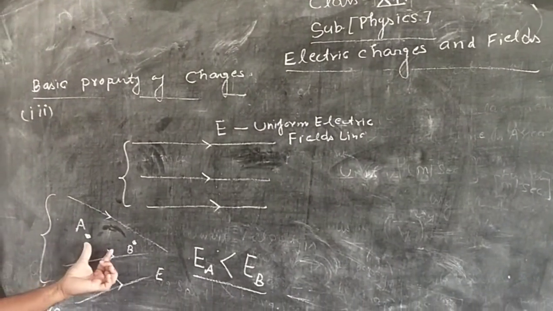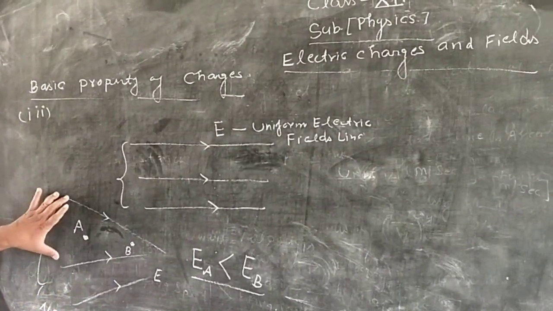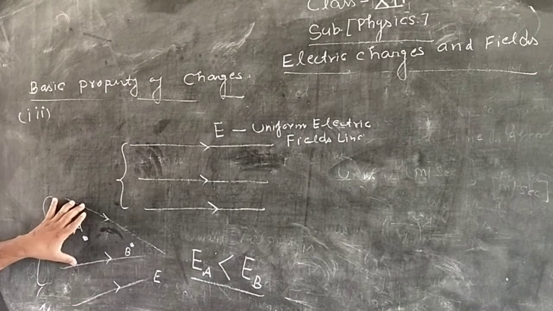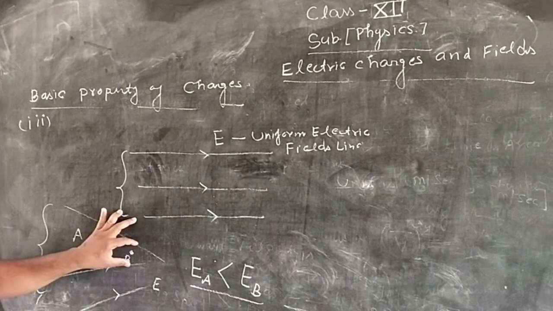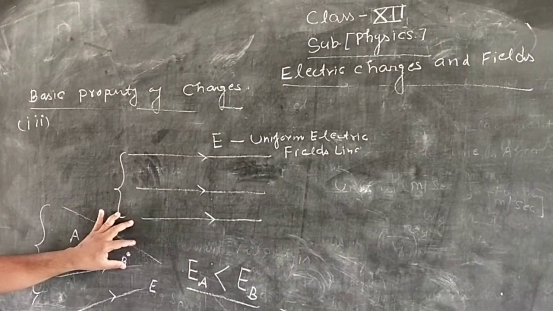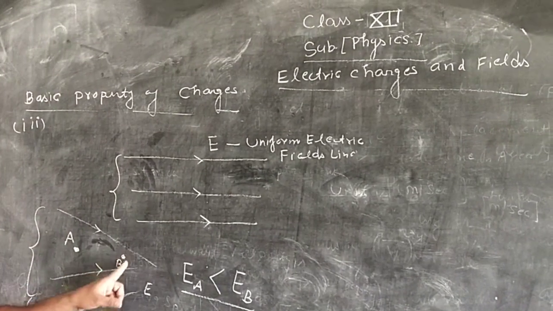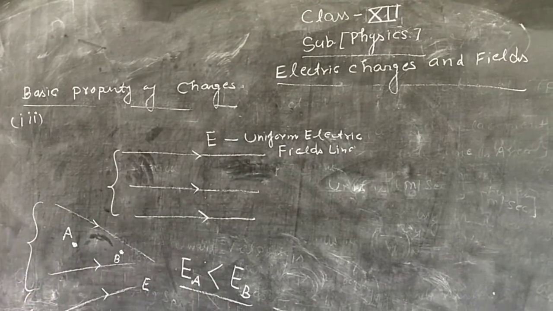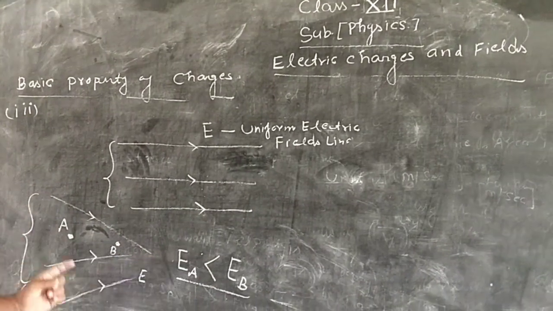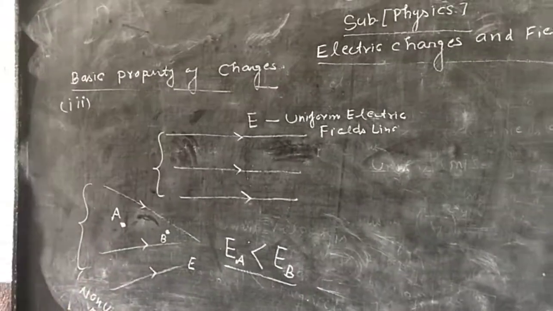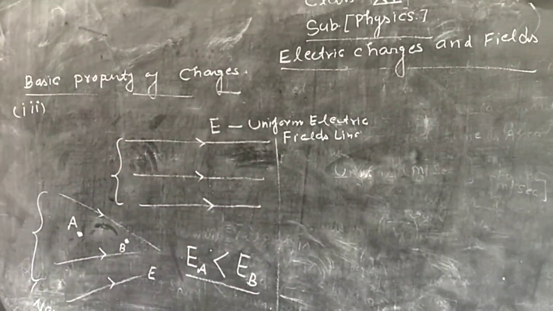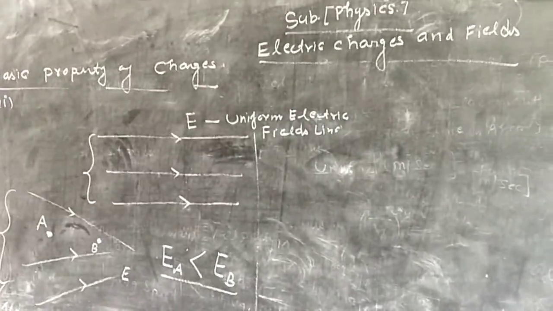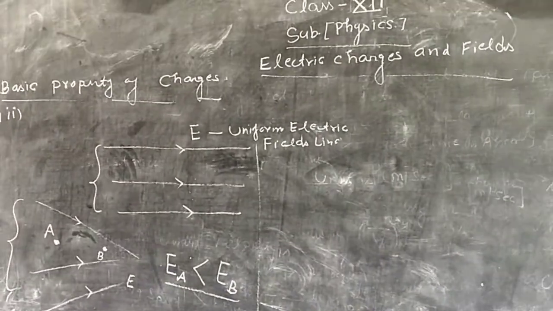Here the field lines are very far apart, so the intensity of the electric field is lesser, and here the electric field lines are very close, so the electric field intensity is more. The result is coming from here: if the electric field lines are closer, the intensity is also more.